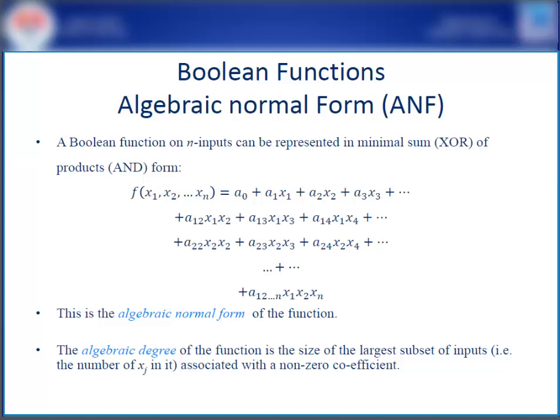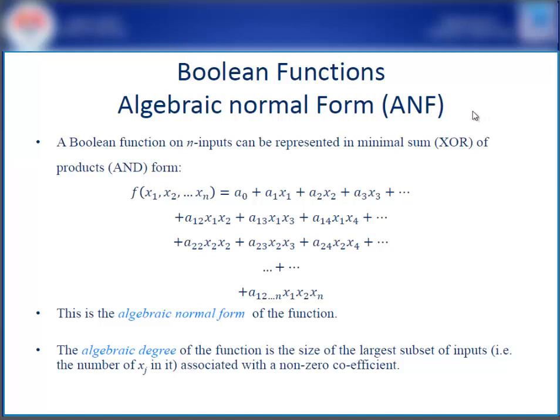And as the number of input bits of a Boolean function increases, the length of the truth table is going to increase significantly. So the so-called algebraic normal form is a more convenient way of representing a Boolean function.